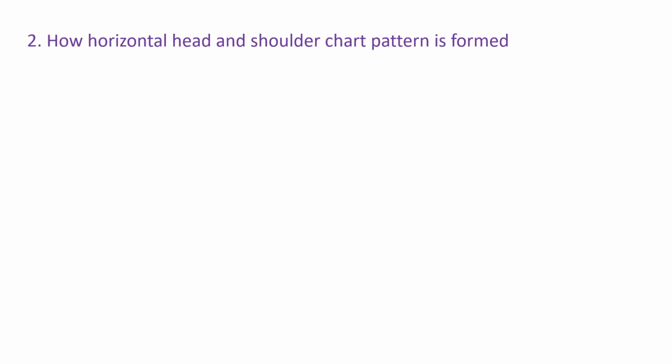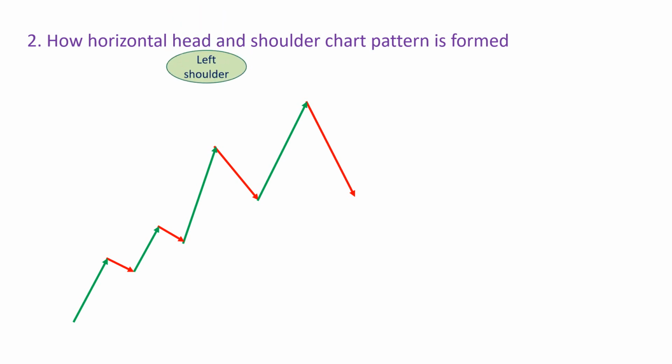The second thing I'm going to talk about is how horizontal head and shoulder chart pattern is formed. I'm going to explain how head and shoulder is formed using a demo graph first, and then I apply it to the real chart. In this graph, the price is making higher swing highs and the pullback is making higher swing lows all the way to the top. The left shoulder is formed and the head is also formed, especially when the last pullback declined to a point at or near the previous higher swing low.